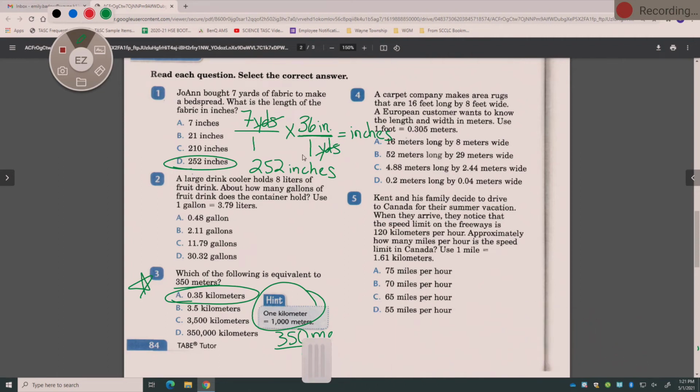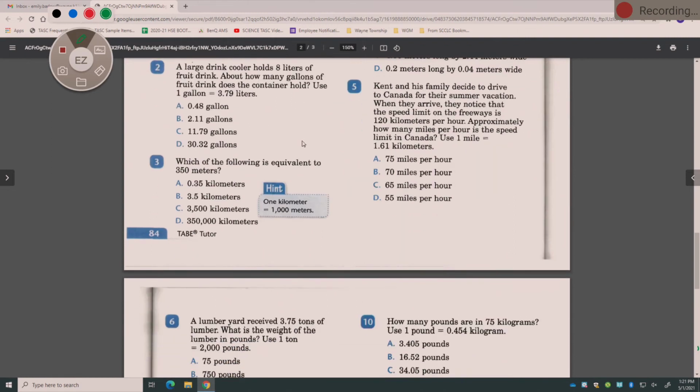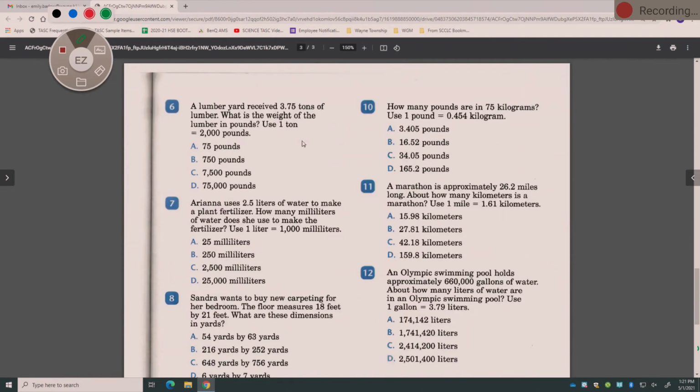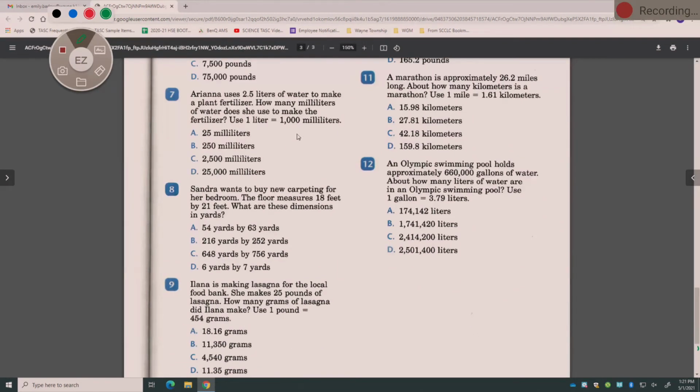Let's go to number 8. Go down just a little more.